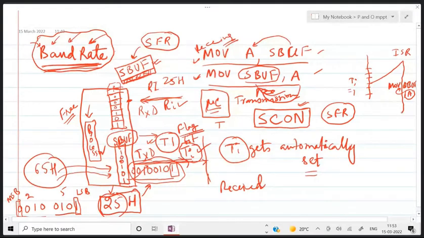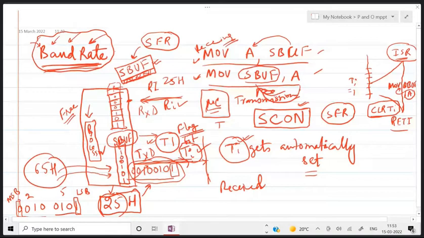And one more important thing is that while it returns from ISR, the last instruction needs to be RETI. I told you that RETI instruction has to be there in ISR. So before writing this instruction, the programmer should also clear this TI, CLR TI bit.